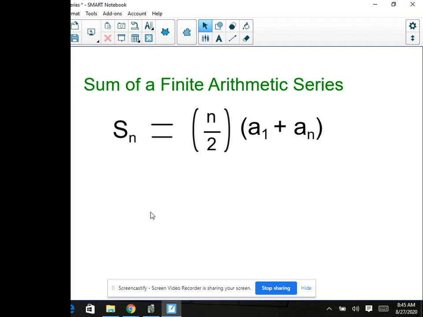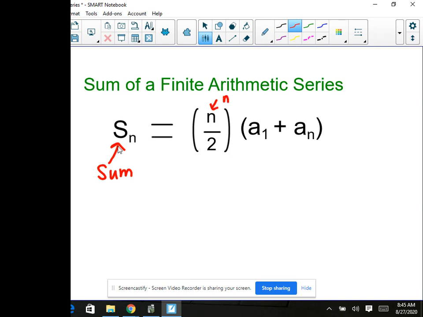So S sub n is our sum. N is still our term number, actually. Change that back to what we've been using. A sub 1 is still our first term. That hasn't changed.